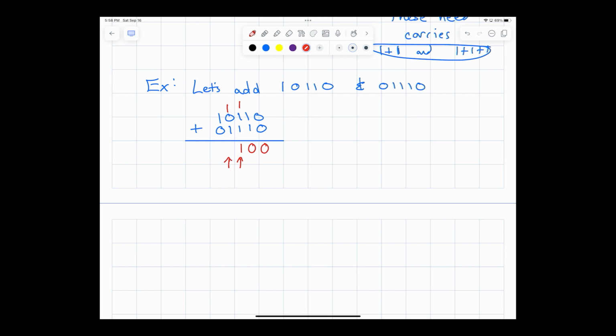Next column: we add everything in this column, which is a 1, 0, 1. So 1 plus 0 plus 1 is 2. Even though we're adding three things, they're not 1, 1, 1 this time. To write 2, you write 1, 0, so you put the 0 here and carry the 1.